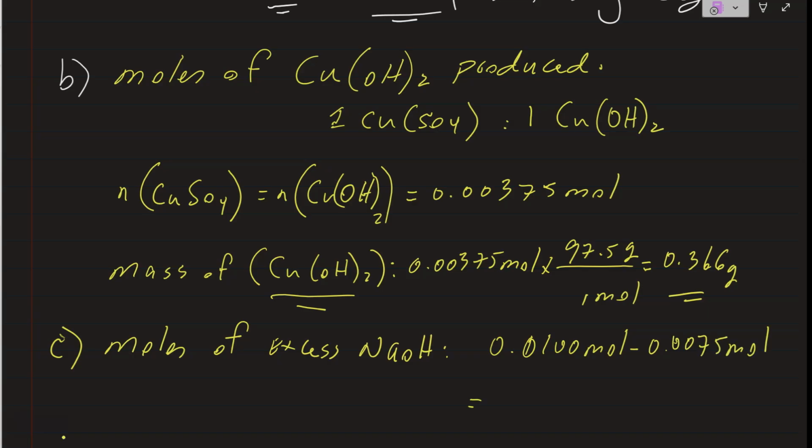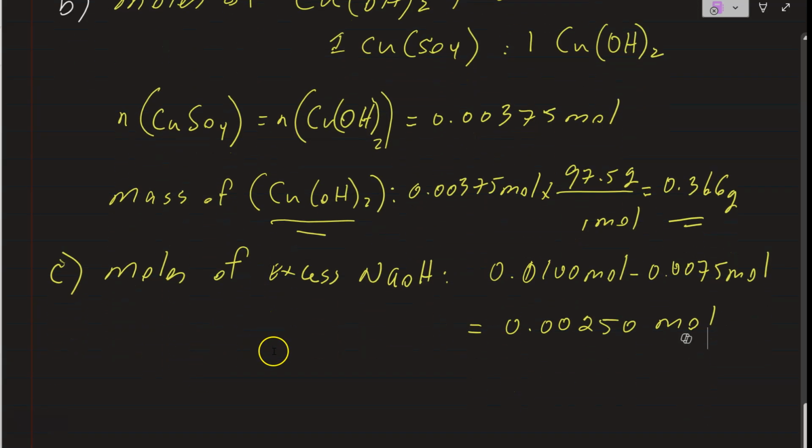Remember, that was the excess, and the excess is 0.00250 mole. Now, I purposely didn't pay attention to the sig figs, but if you want to pay attention to them, make sure you do. So this is 5, we have 5 in here, and of course we have 5 in there. We maintain the final answer the same.